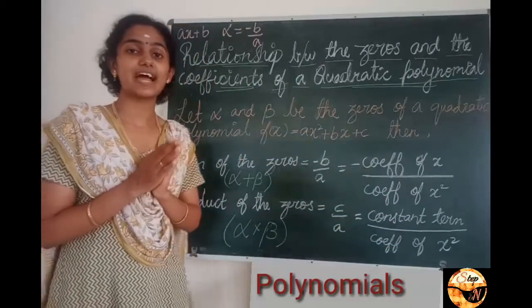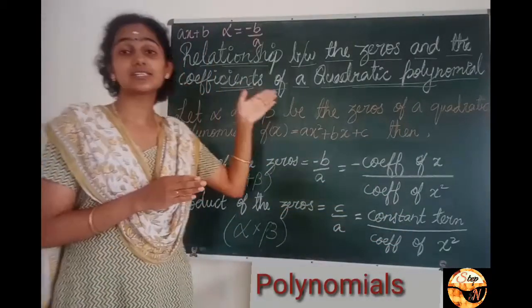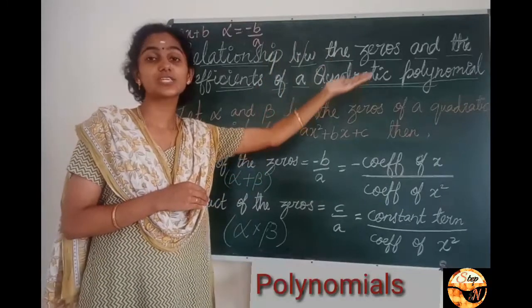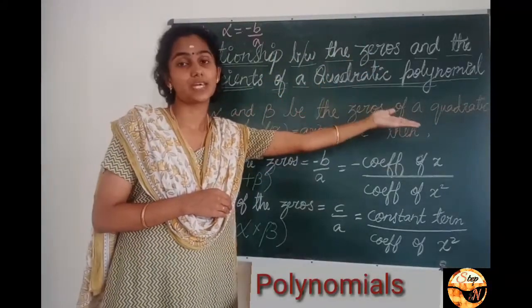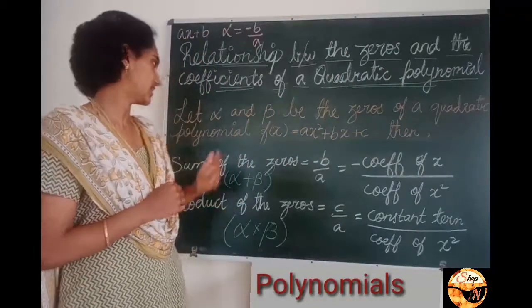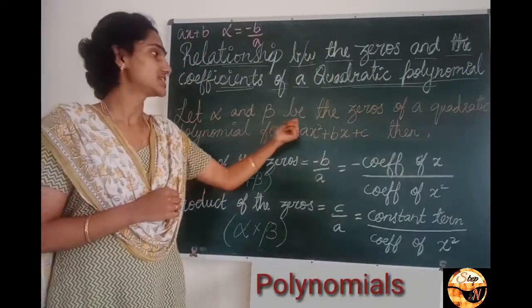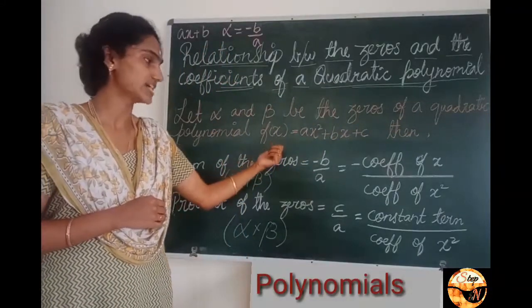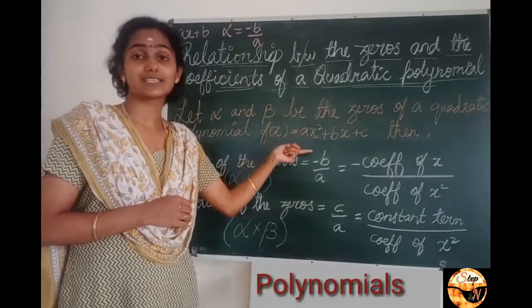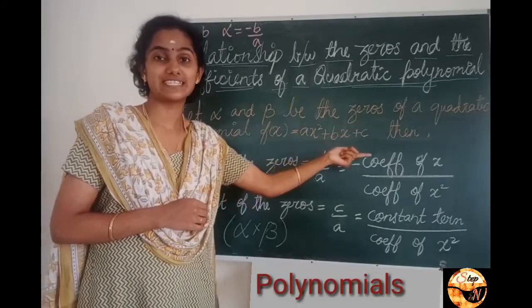So now we have seen the relationship between the zeros and the coefficients of a quadratic polynomial. I will say it again. Let alpha and beta be the zeros of a quadratic polynomial f of x equal to ax square plus bx plus c.